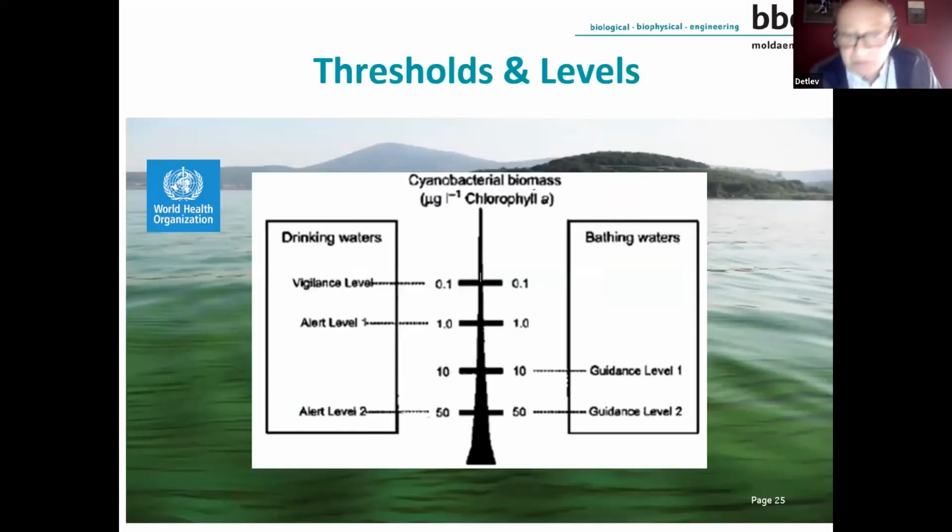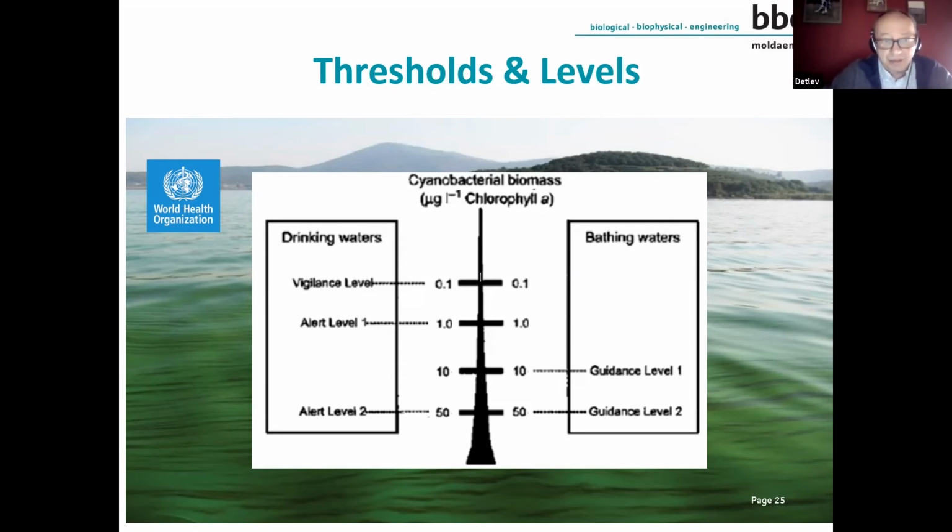So almost at the end, I would like to tell you something about thresholds, because we are always asked for thresholds and levels. What are the indications? If you look here, for example, for cyanobacteria, then you can see there are thresholds or levels which are, let's say, not really thresholds, but more guidelines, because it's not that easy.